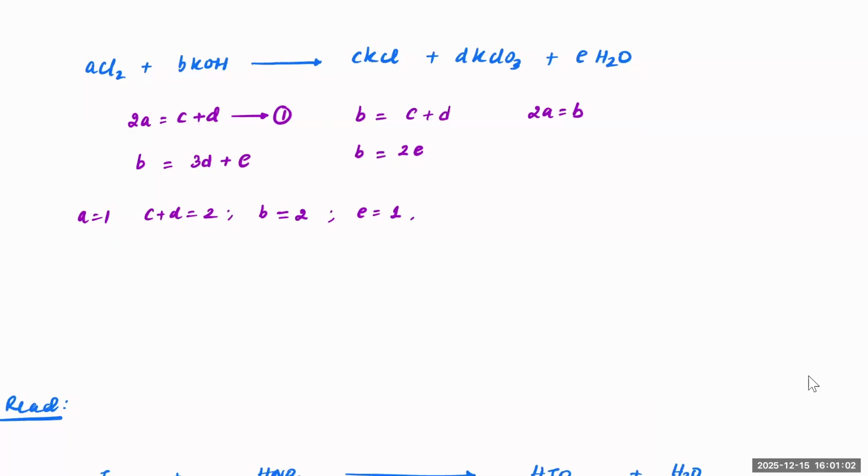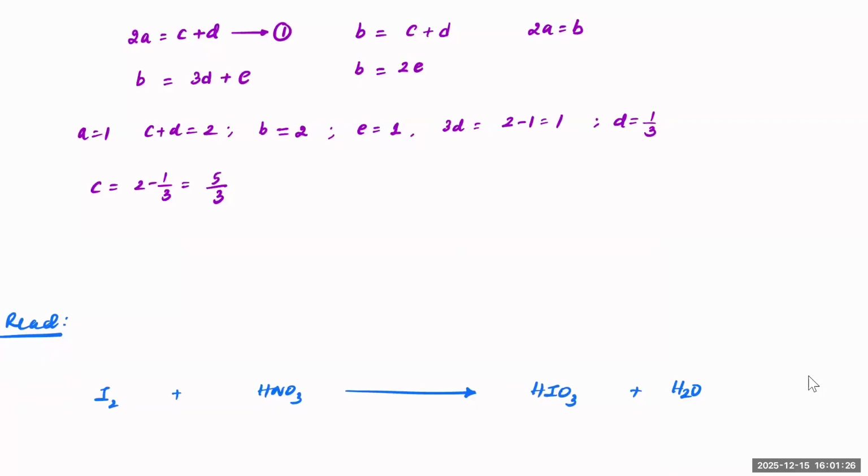And you can see here E is equal to 1, which makes it 3D is equal to 2 minus 1, which is 1. So D is equal to 1 by 3. Okay. And if D is equal to 1 by 3, what will be the value of C beta? C will be equal to 2 minus 1 by 3, which makes it 5 by 3.